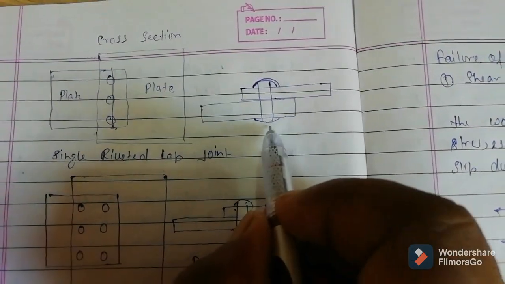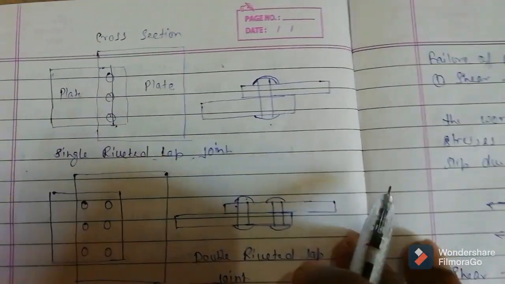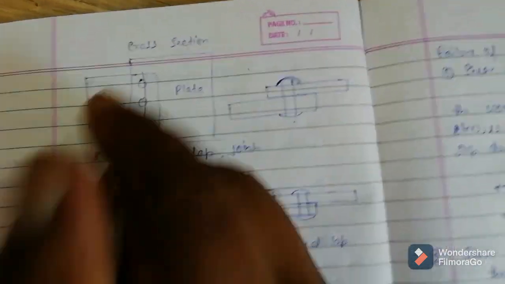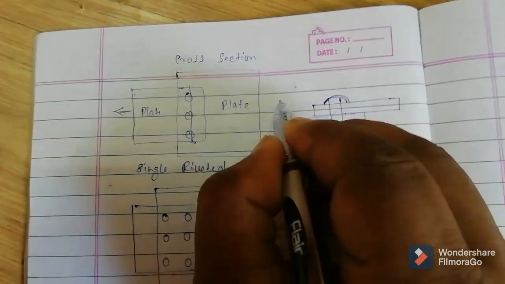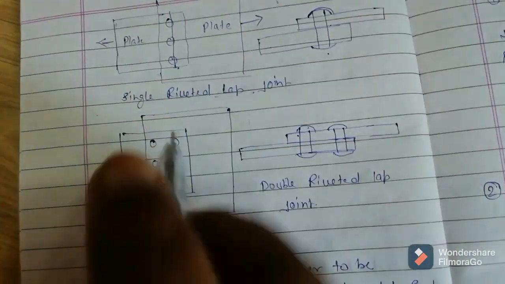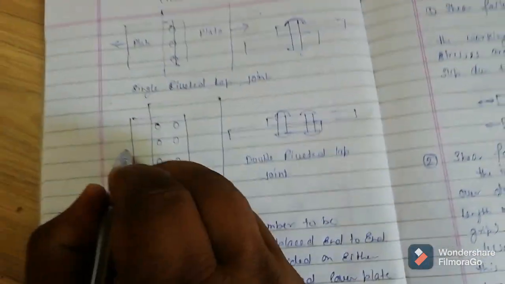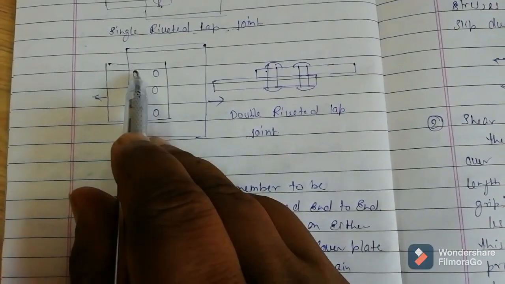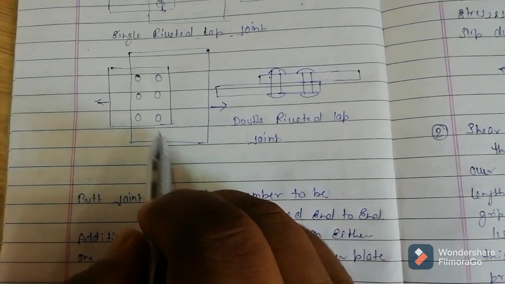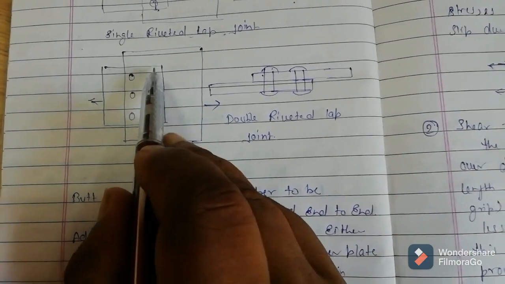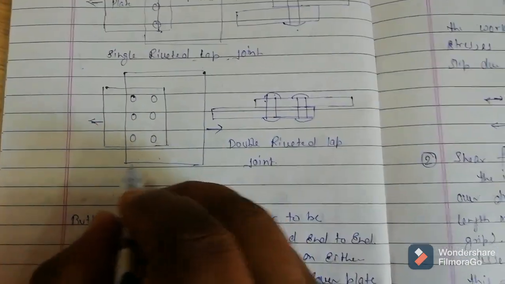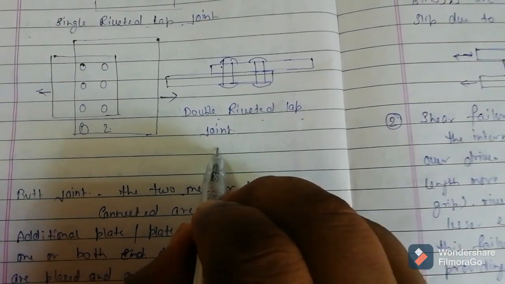So this is called your single riveted lap joint. Here the force is applied like that. Now this is the double riveted one. See that here the riveting lines are two: the first line is here and the second line is here. So this is called your double riveted lap joint.